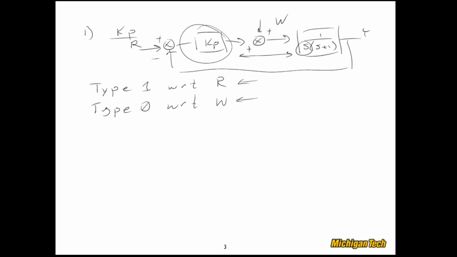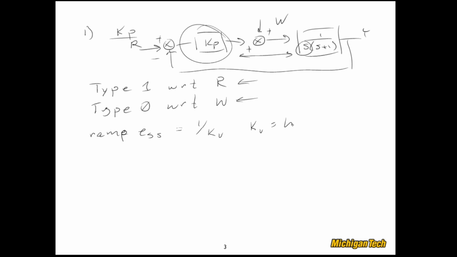Okay, so it's type 1 with respect to R. What that tells us is that if I give it a step input, it will have 0 steady state error. And if I give it a ramp reference input, it'll have a constant steady state error. We can actually calculate the ramp steady state error: it would be equal to 1 over the velocity error constant, kV.